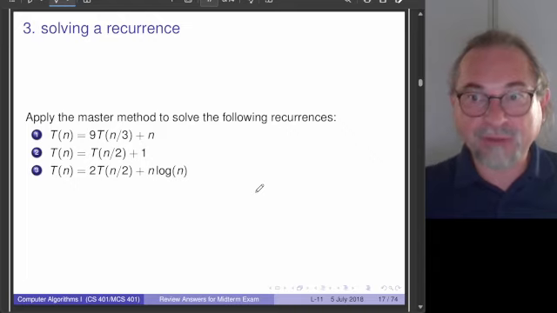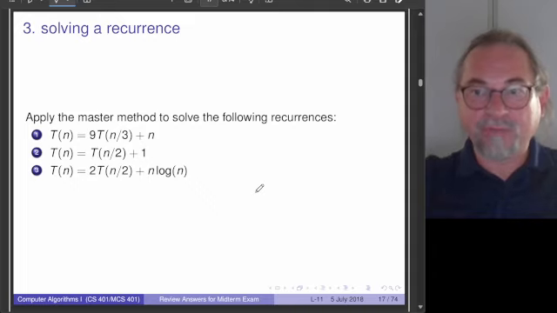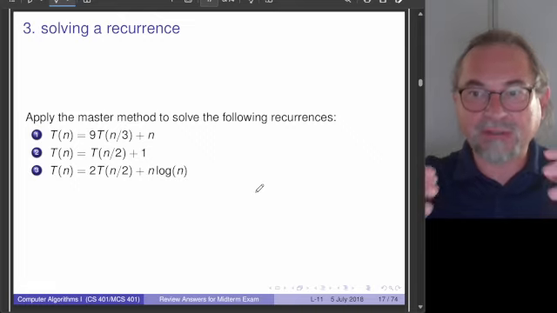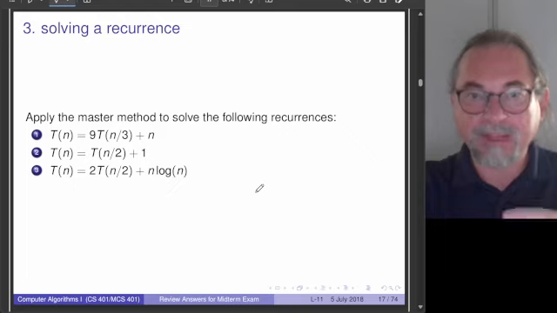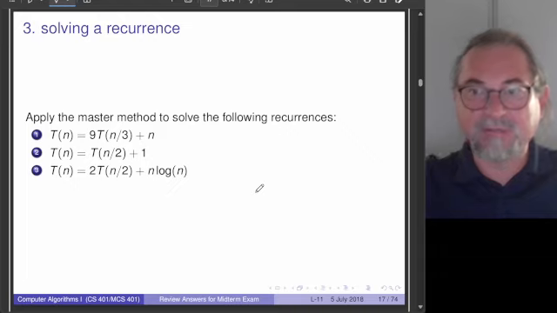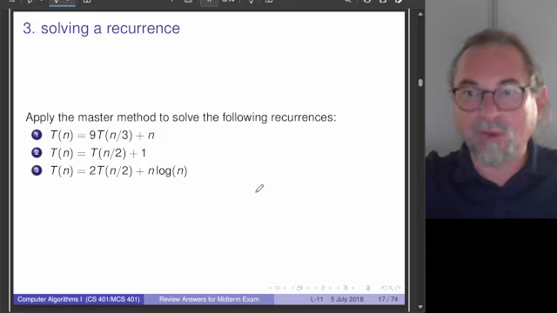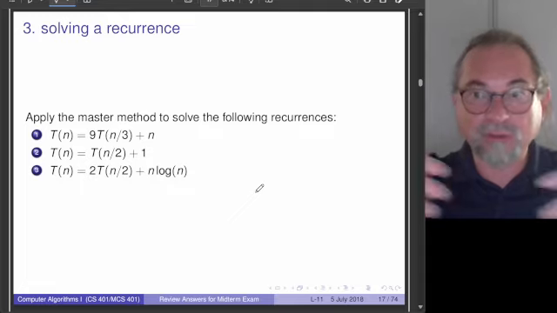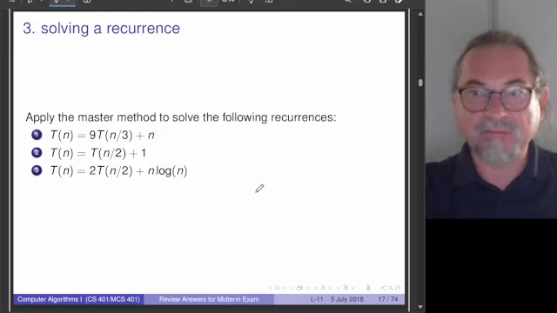And that combination cost is going to determine whether, when you have the tree of sub-problems, the cost is focused in the root, is evenly divided among the nodes in the tree of function calls, or is dominated by the leaves, as is the third case.